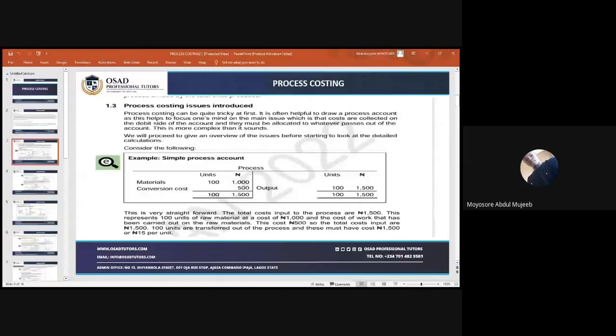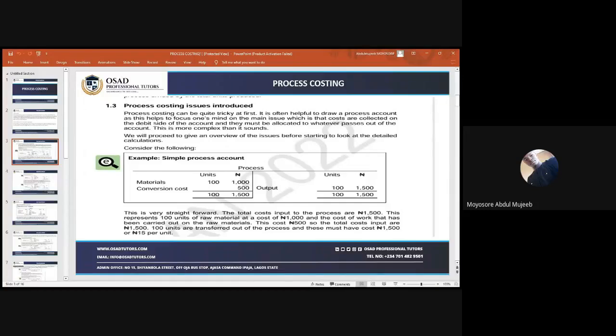Now moving on, process costing. Okay, process costing can be quite tricky at first. This is just debit and credit of accounting, inputting accounting transactions for process costing. Now consider the following: process costing. Now the debit side says what?